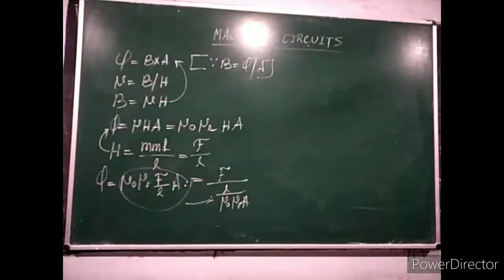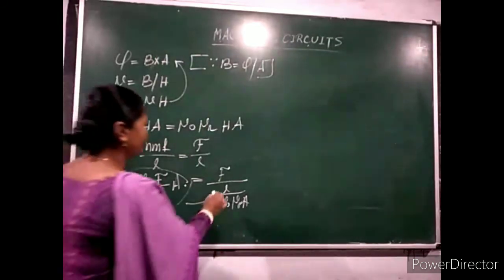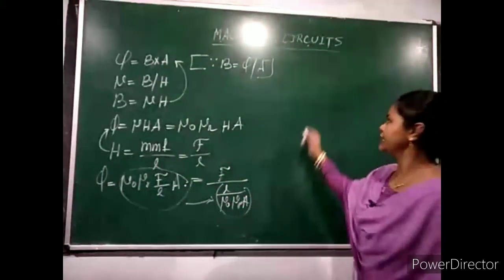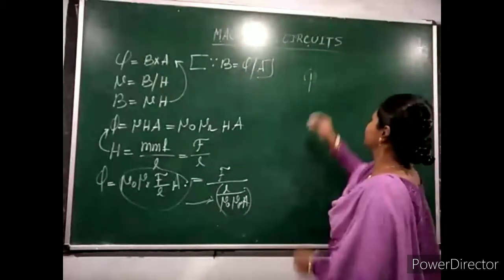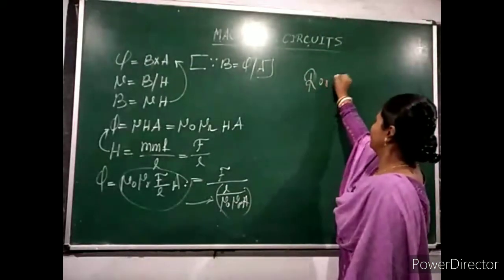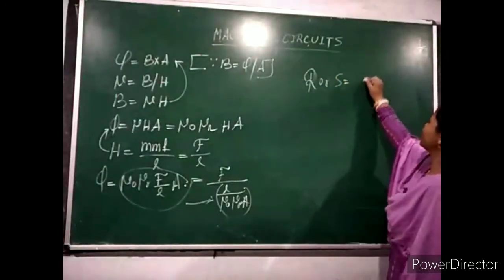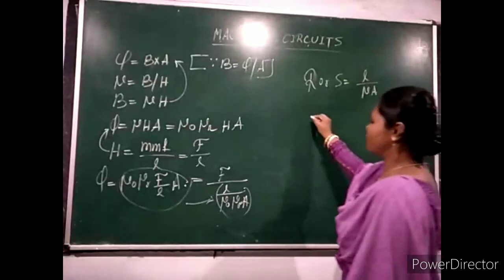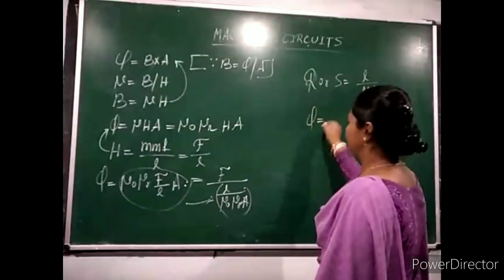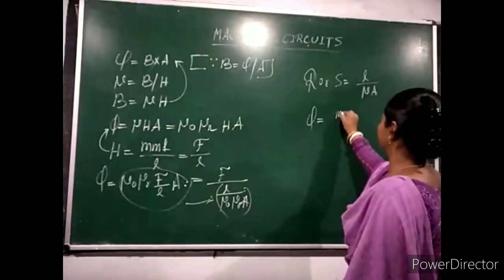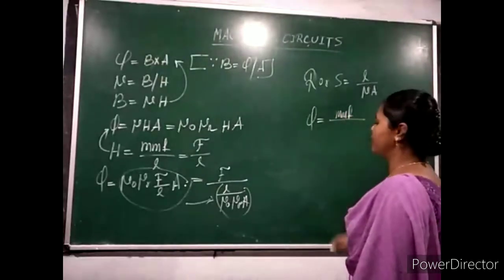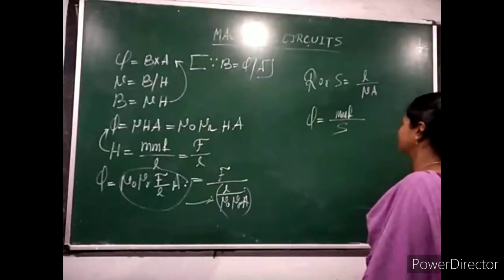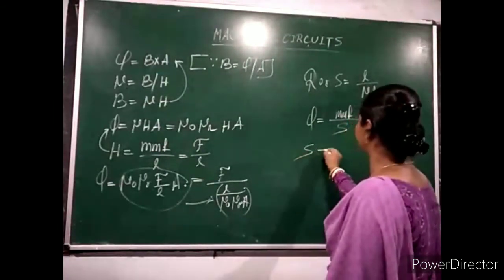You know that reluctance S is equal to L by mu A. So finally you get flux is equal to mmf by reluctance.